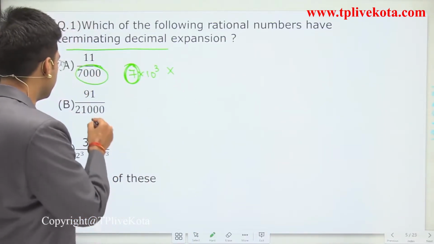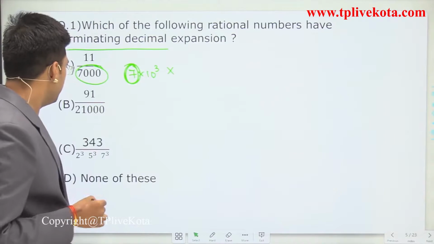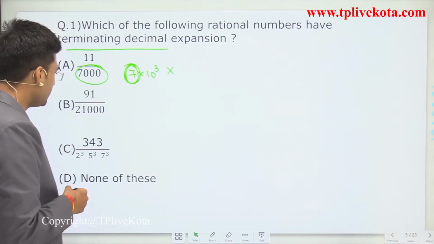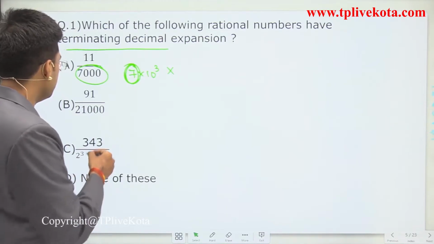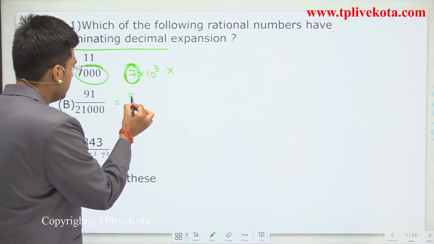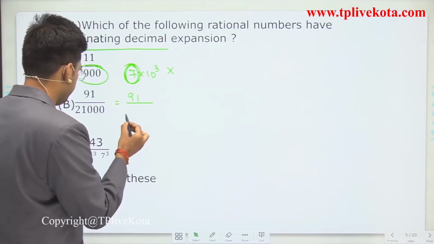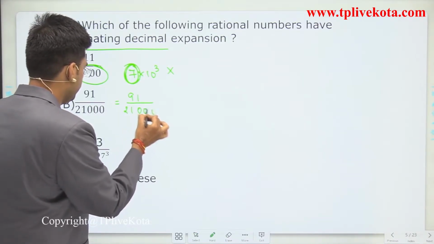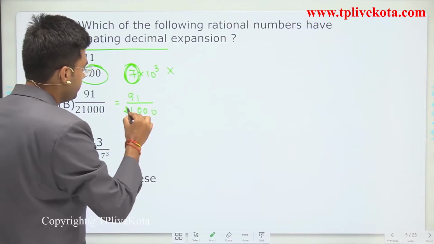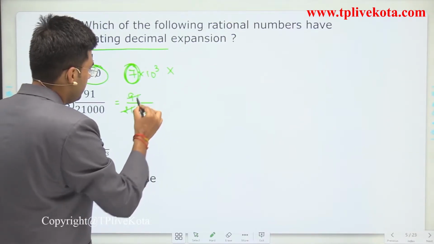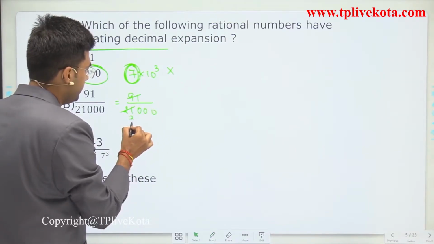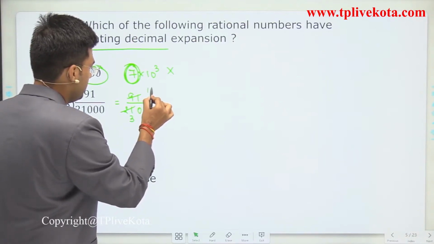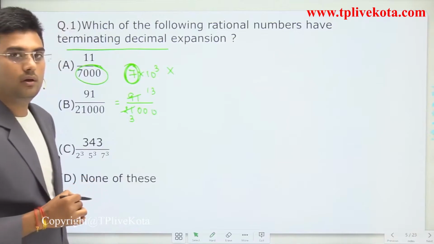Now come to the next. In this example we have 91 divided by 21000. Now here we can solve it first. 91 divided by 21000, we can cancel it by 7: 7 3s are 21, and 7 13s are 91.